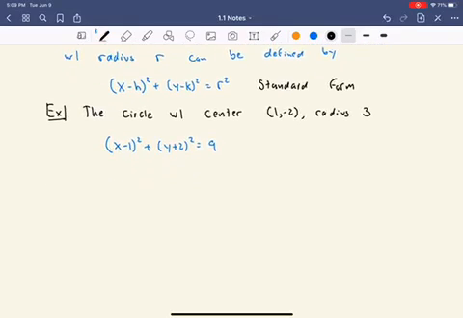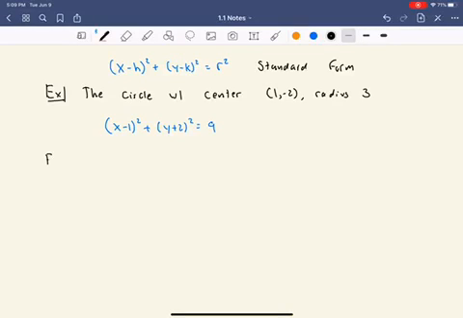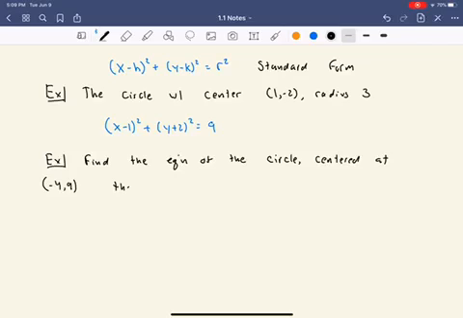Okay, let's do a couple more examples. Find the equation of the circle centered at (−4, 9) that touches the y-axis exactly once.